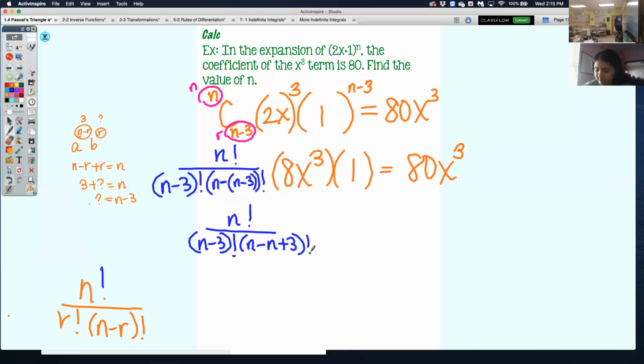And what happens to my n's? They cancel out. So really and truly, I'm just left with n factorial all over n minus 3 factorial times 3 factorial. This is just the blue part right here. I'll get to the orange in just a second.